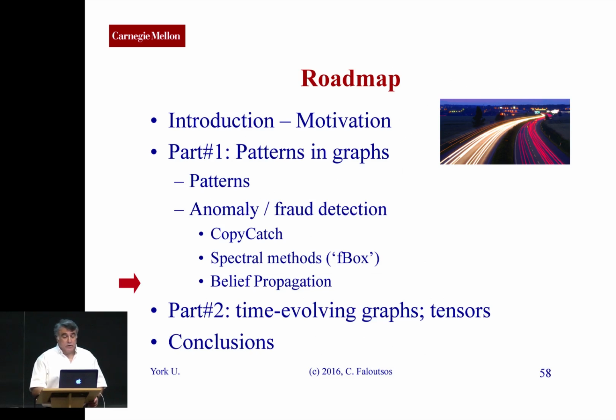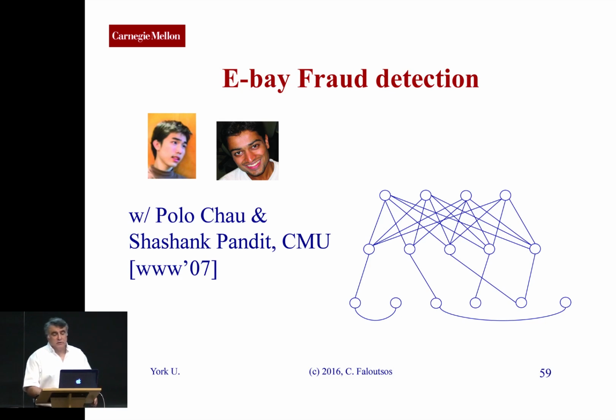Third part on trying to spot anomalies. Let's see the powerful method of belief propagation. Some of you may have heard of it, especially if you're working with Bayesian models and graphical models. This was joint work with Duen Horng Chau, now professor at Georgia Tech, and Shashank Pandit.